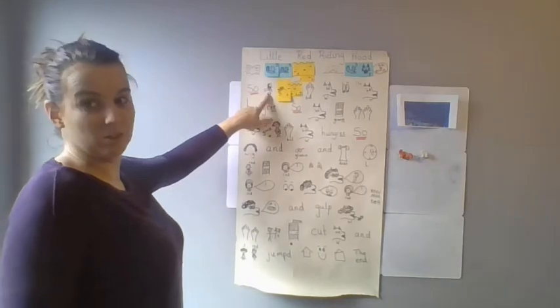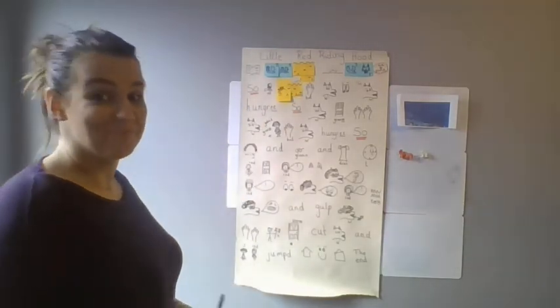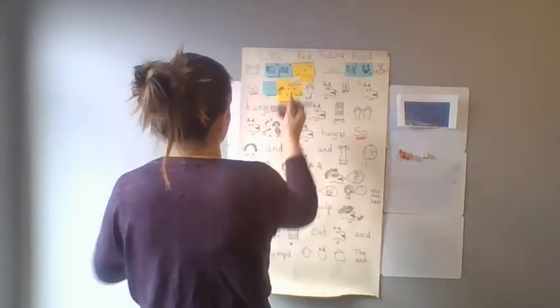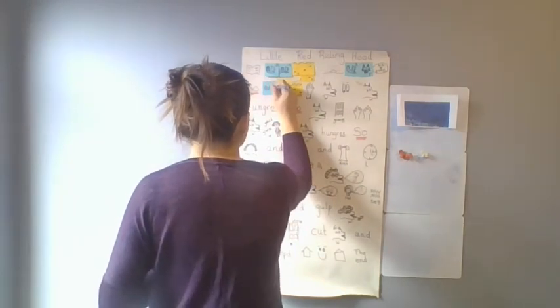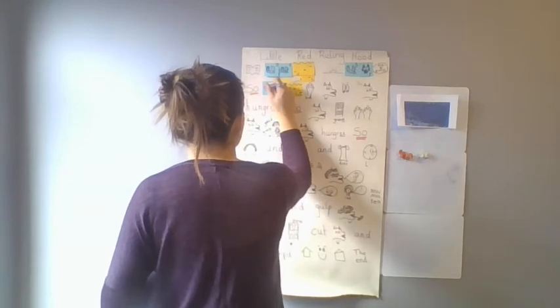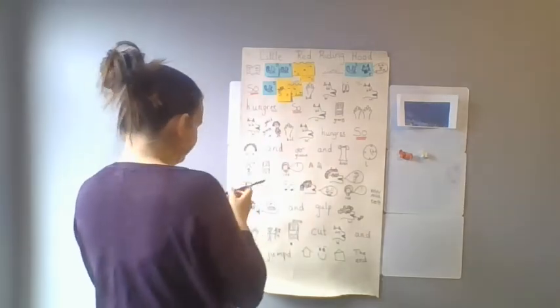So, it's Red Riding Hood, so we need to change that for Squirrel. Well done. Let's draw a squirrel. Big bushy tail, little head, little arms, big back legs for jumping, and a bushy tail for squirrel.